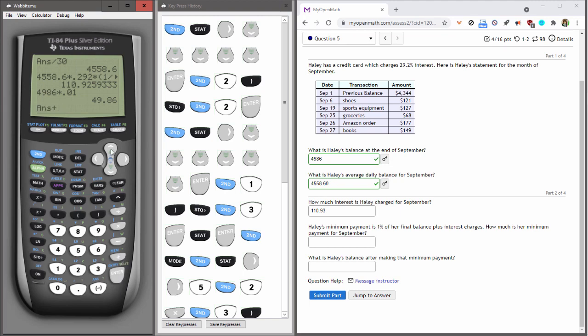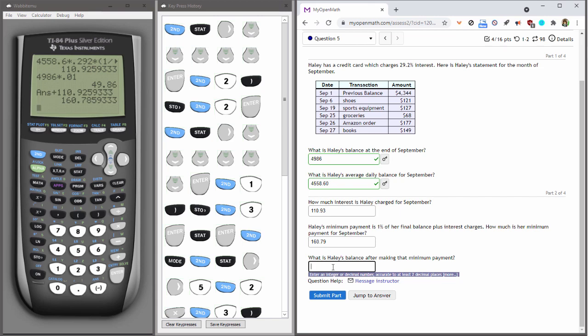So plus this interest that we just found. I'm just using the arrow keys to scroll up and grab the interest. Again, rounded to the nearest cent. Her minimum payment for September is $160.79.